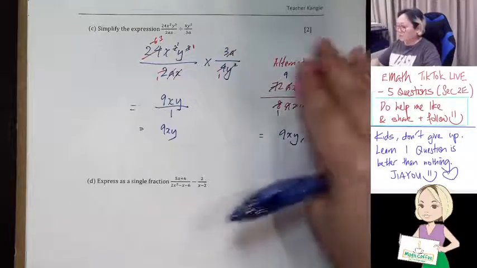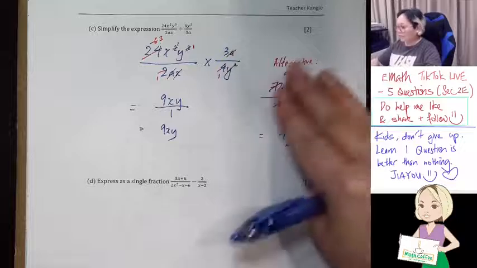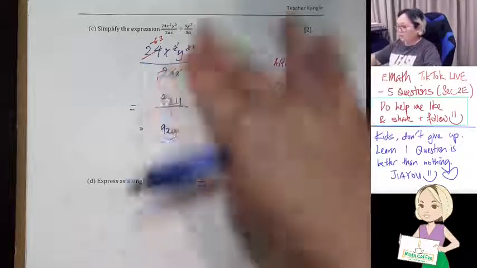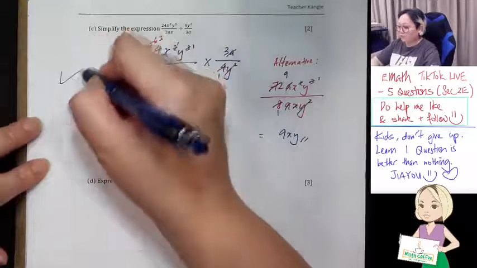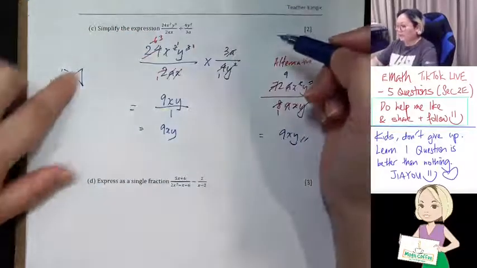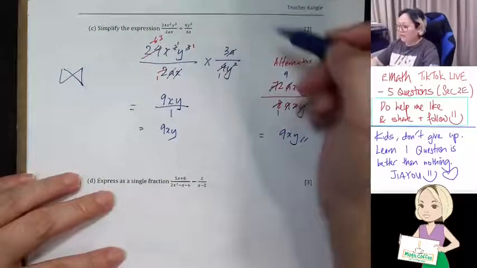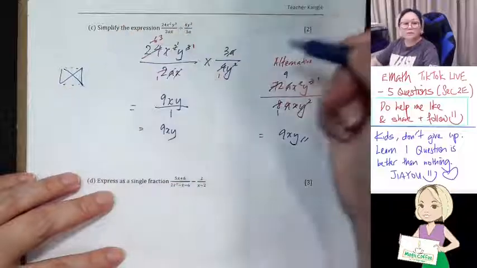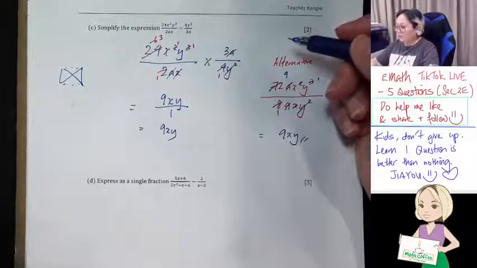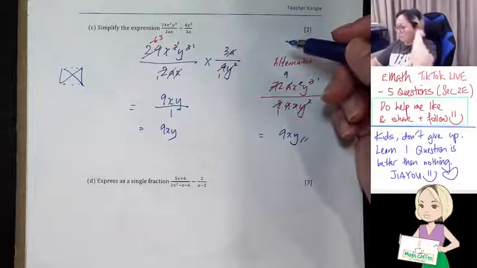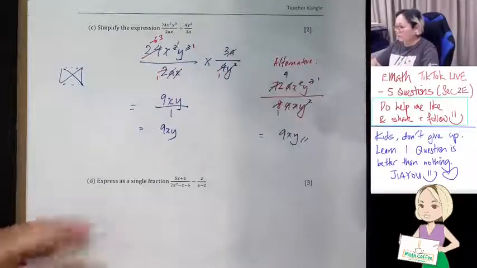Okay, this is just for neatness. You can actually do this one, no problem. Just make sure that you can only cancel diagonally, and up and down. Okay, please don't cancel side by side. So I always tell my students to ribbon the numbers and the letters. Cannot just do it systematically, no issue.